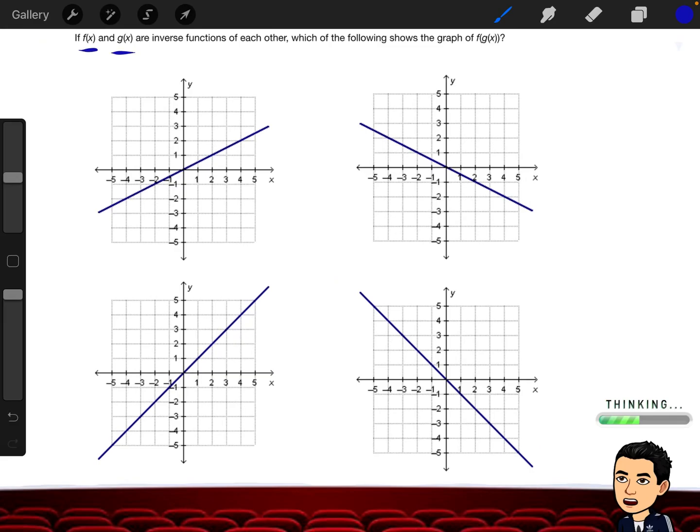If f of x and g of x are inverse functions, then when they're composed together, f of g of x is a function by itself, which we call y, and we know that this has to equal x. So the line you're looking for is y equals x. You're going to have to check the second one.